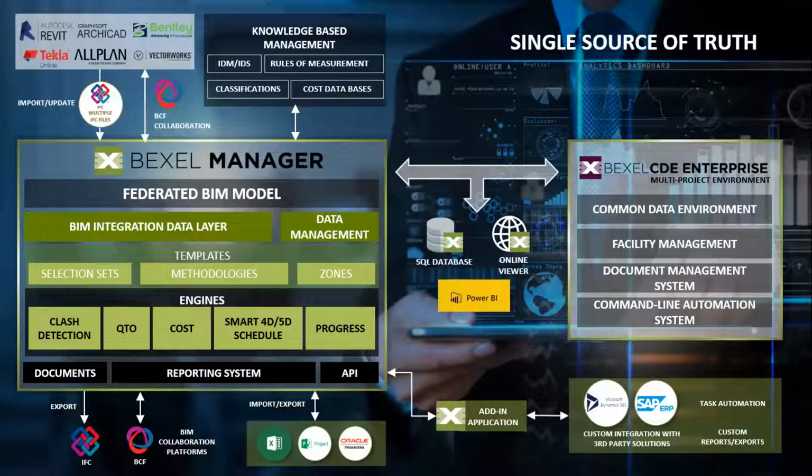Then methodologies, zones, and templates can be created inside Bexel Manager for future users. And then you can do clash detection, quantity takeoff, cost editor, smart 4D or 5D scheduling, and progress updation. Finally, you can link documents also. Then you can generate reports, and you can integrate with the API through other third-party software.